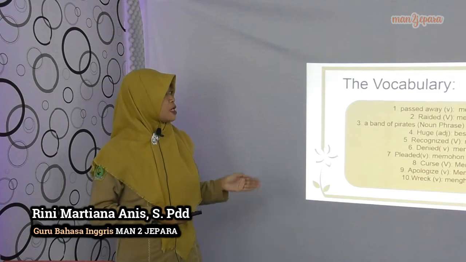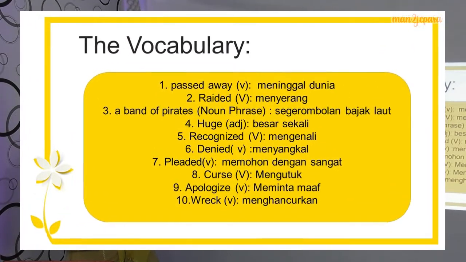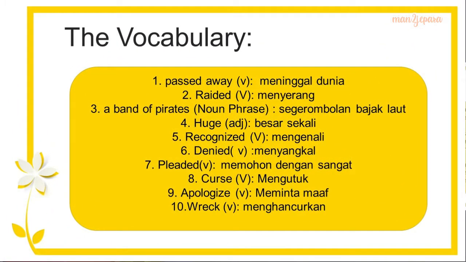Before we start the text, I will give you some vocabulary. You can pronounce after me. The first, passed away. The next, raided. Number 3, a band of pirates. Number 4, huge.